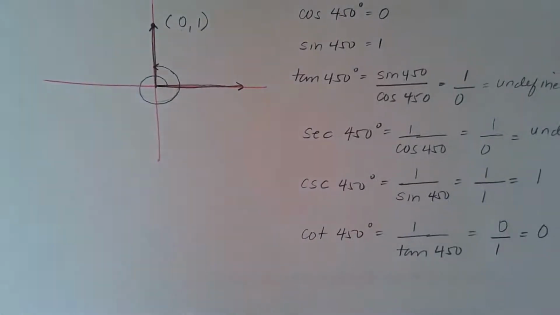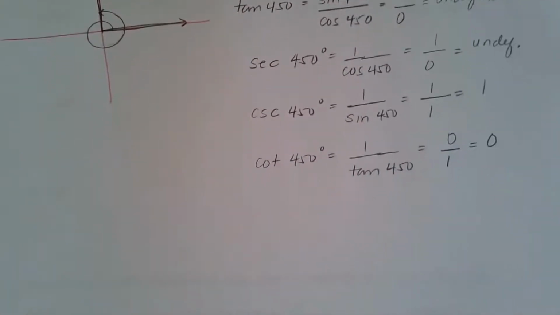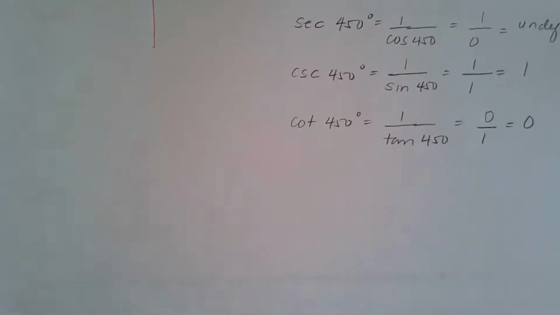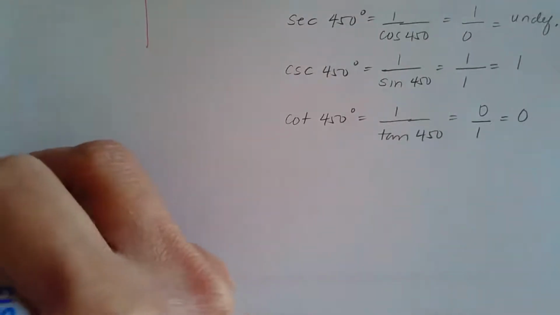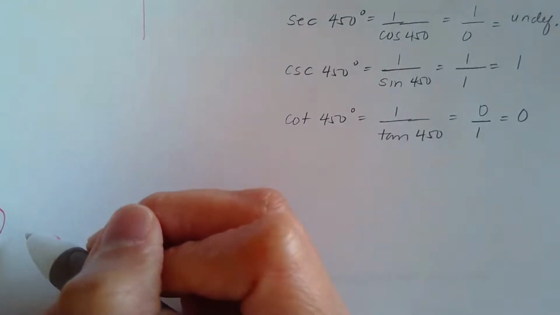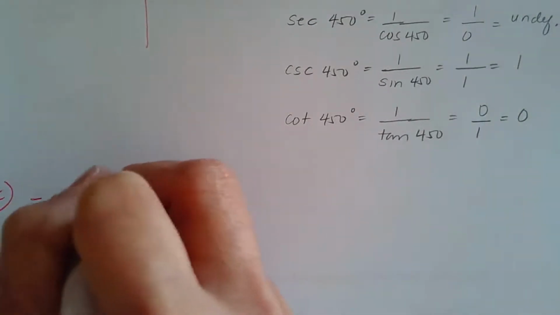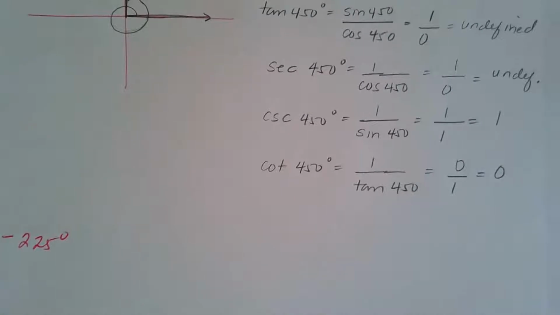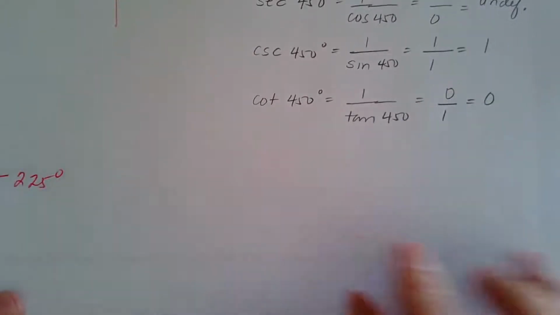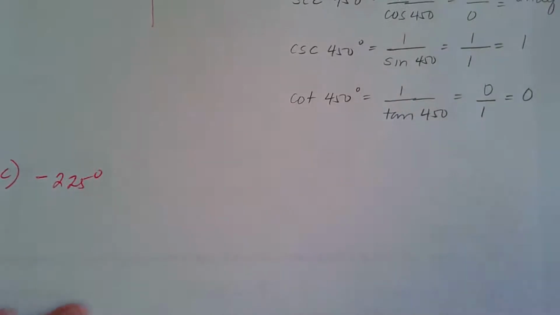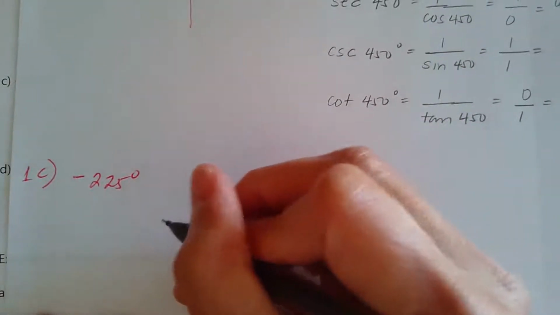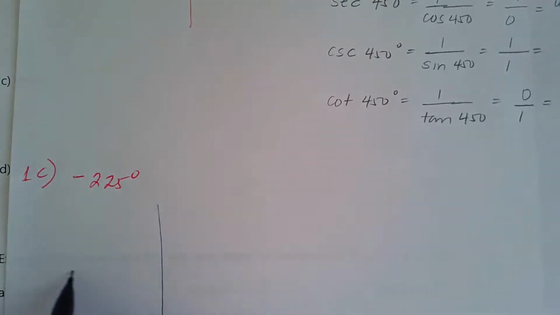Now let's take a look at letter C. The theta is negative 225 degrees. Well, let's visualize where negative 225 degrees is. The negative tells us we're going to be turning clockwise in here. So this is our initial arm, and then we're going to turn negative 225.